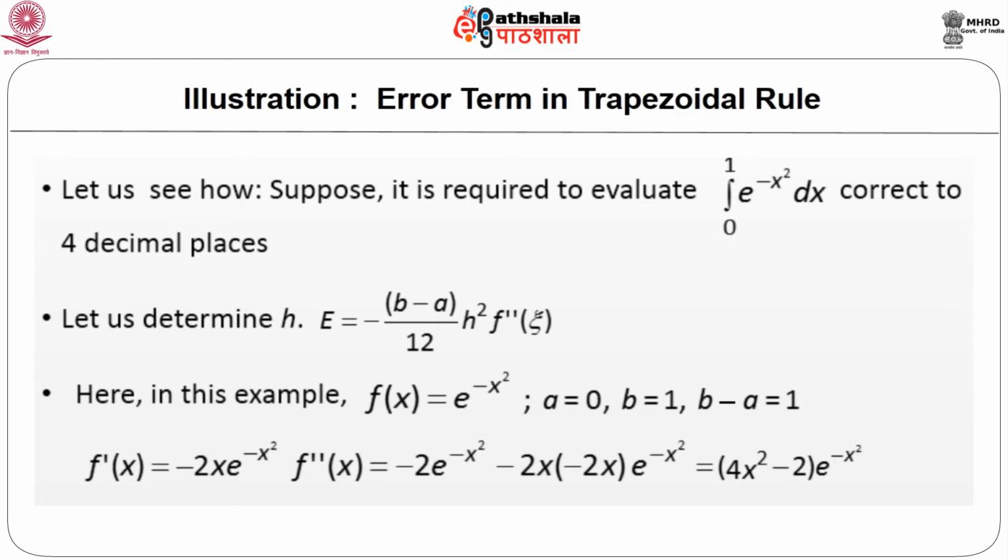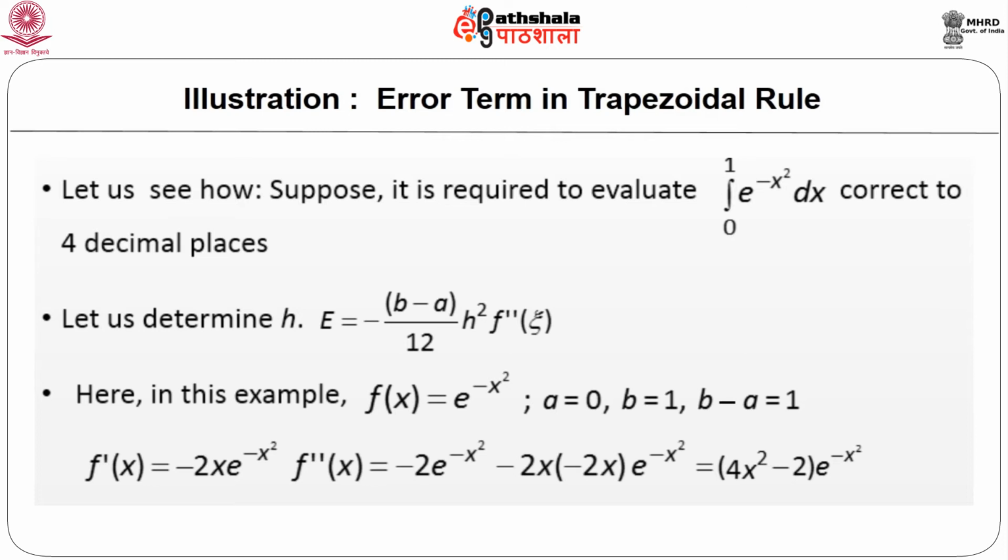The error term is minus b minus a by 12 h square times the second derivative at xi. Here the integral is from 0 to 1, so a is 0, b is 1, f(x) is e raised to minus x square, and b minus a is 1.